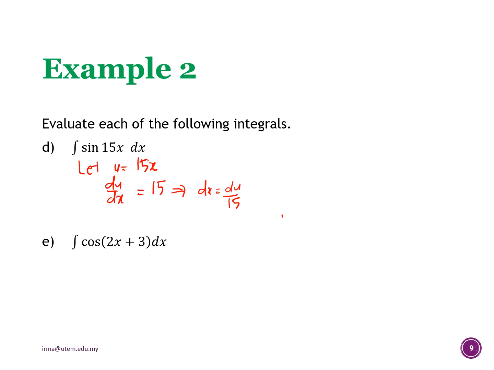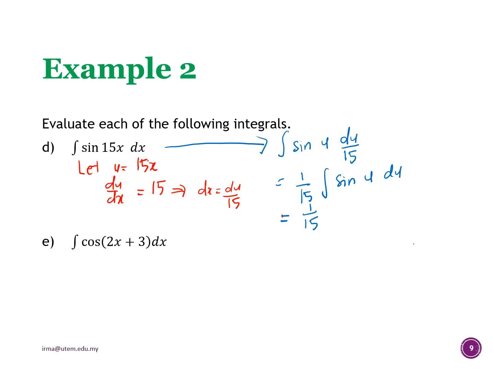So this one becomes sine u dx, where dx is du over 15. So I have 1 over 15 in front, and I just integrate sine u du. Still remember, how are you going to integrate sine u?